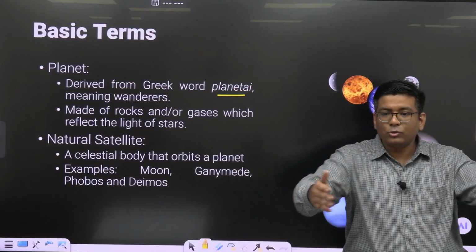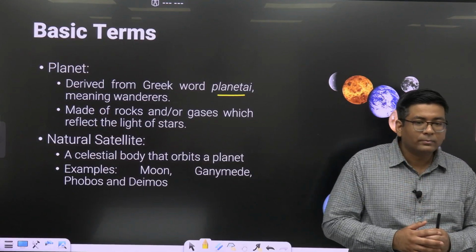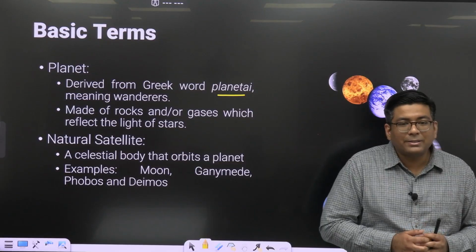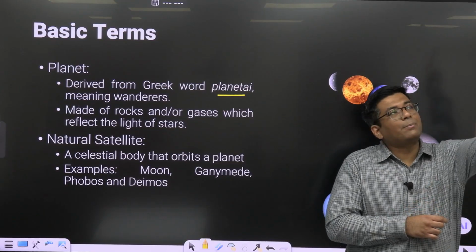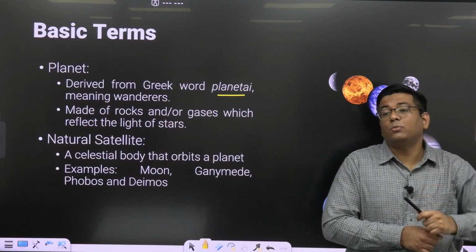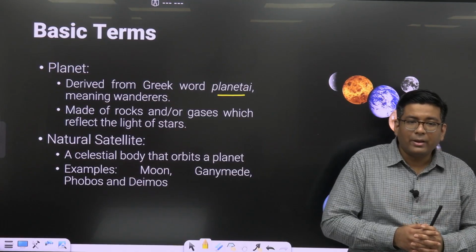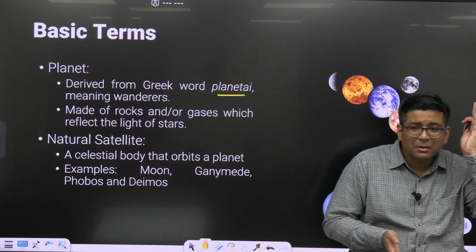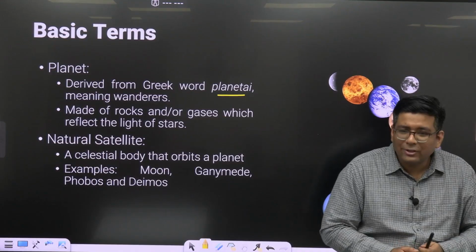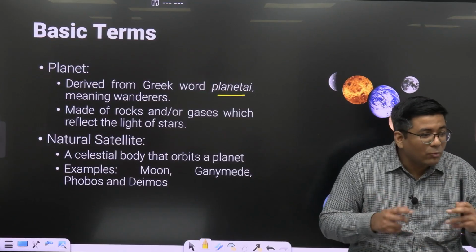But the gullible person coming to them would be told: if you answer this question correctly, I'll give you 10 rupees. Today 10 rupees is not so much, but at that time it was way too much. They would say, look at that point in the sky and tell me in which direction it will move in the next hour, or in the next few minutes. You take a guess: it will move ahead, backwards, this direction or that direction. If you win, you get 10 rupees. But if you lose, you give 10 rupees.